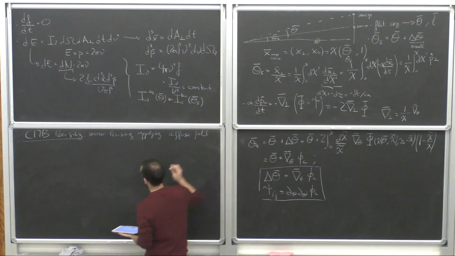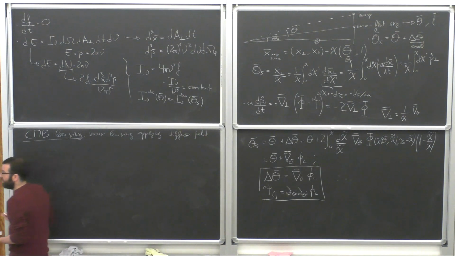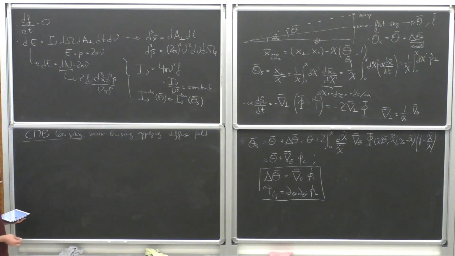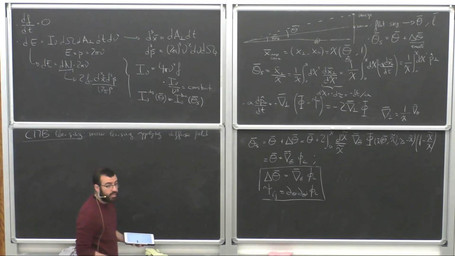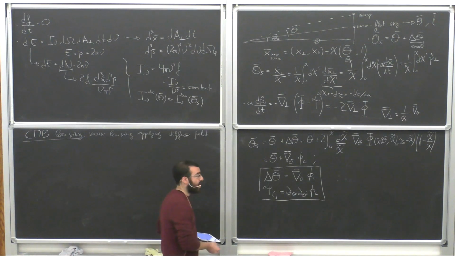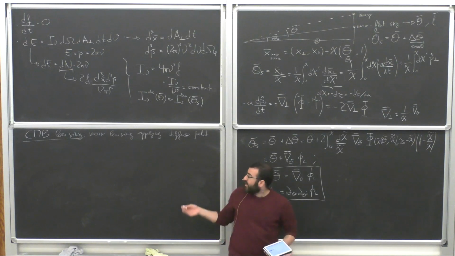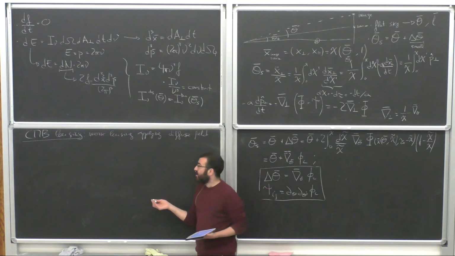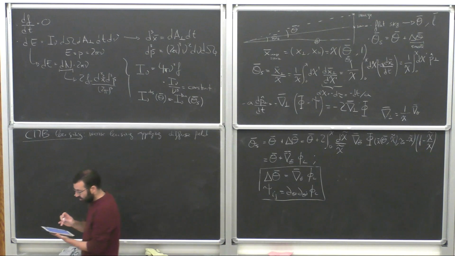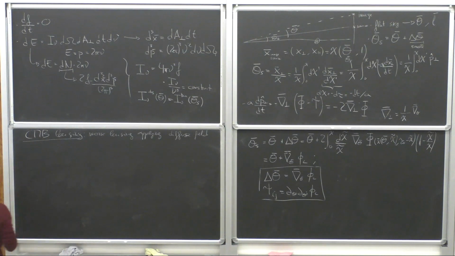Now, in cosmology, the only one that so far can be exploited with this kind of diffuse field is the CMB, but this would also apply, for example, to observations of line intensity mapping of 21 centimeters. The problem is that these observations are much fainter, the noise is larger, and the effect of weak lensing is going to be super small and probably won't be observable at any point.